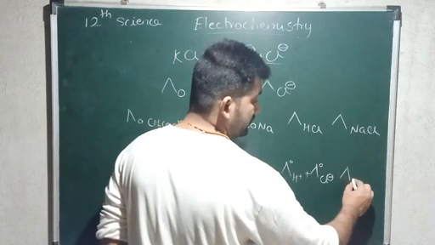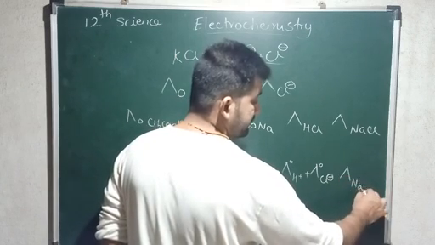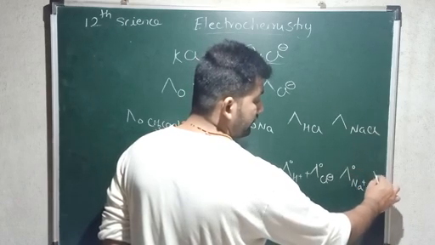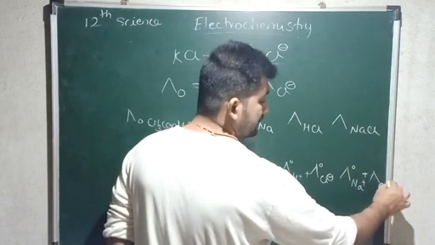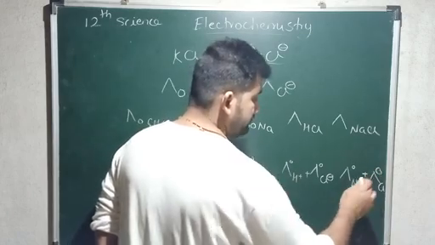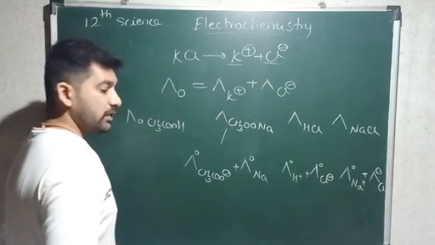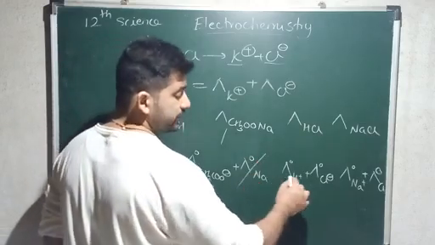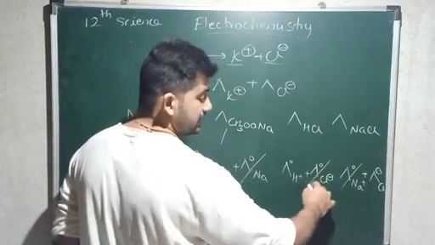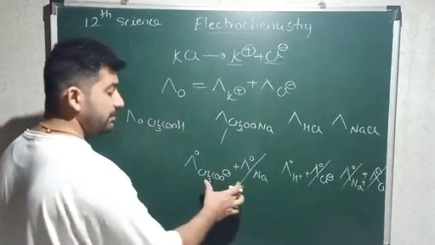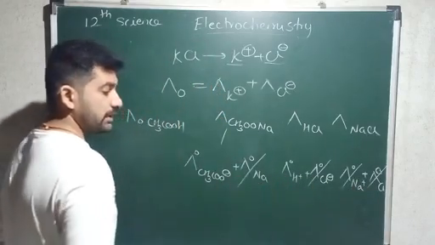For NaCl also, we can write this as molar conductivity for Na plus and Cl minus. One thing which we can observe over here is that these molar conductivities can be cancelled from each other, and we will be having only these two molar conductivities.